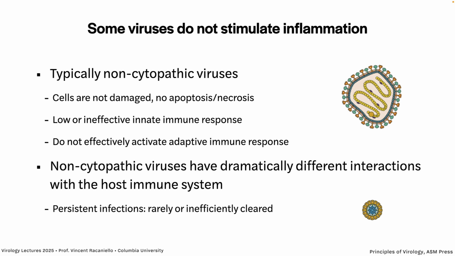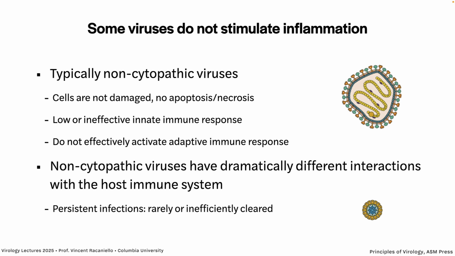So there's very little collaboration between the innate and adaptive. So you get a poor immune response to viruses that do not kill cells. They cause often persistent infections because they can't be cleared. There's a lousy adaptive response, all because they don't kill cells and they don't induce a good inflammatory response.